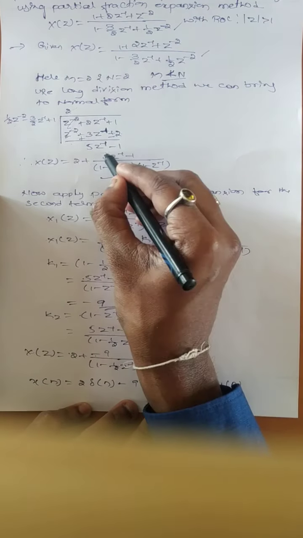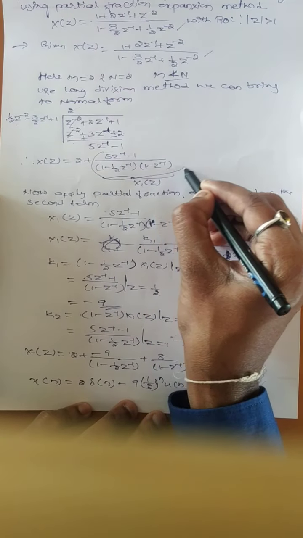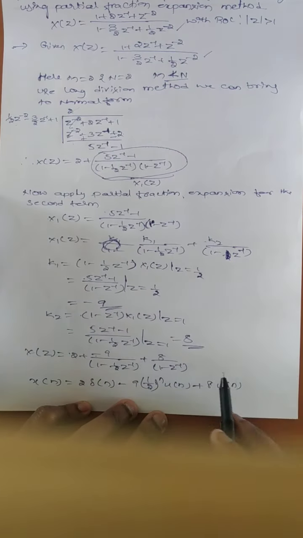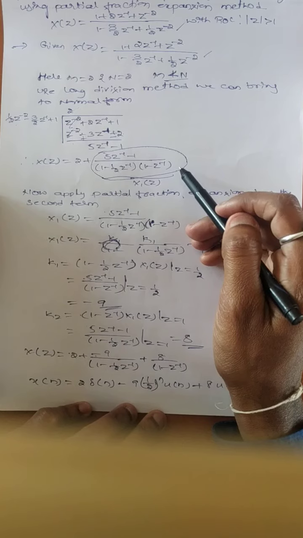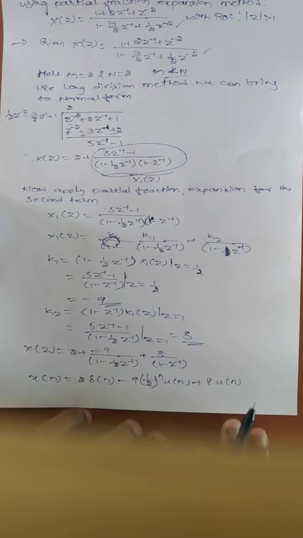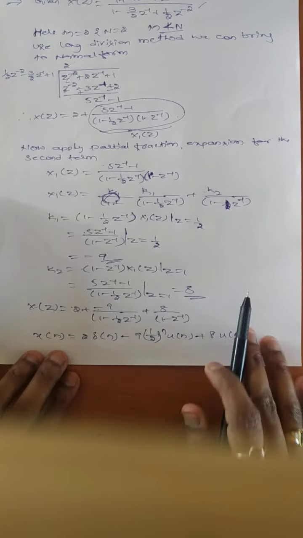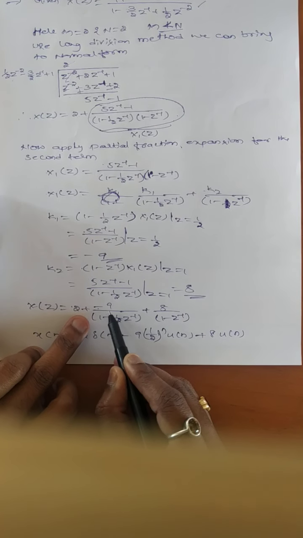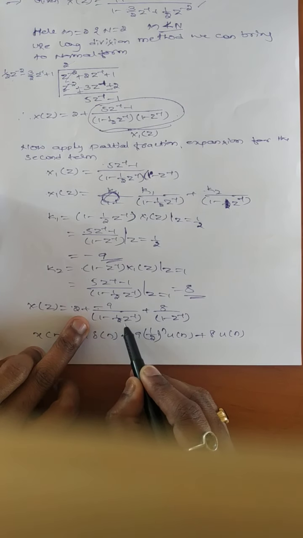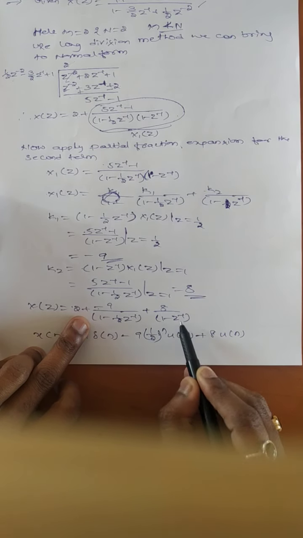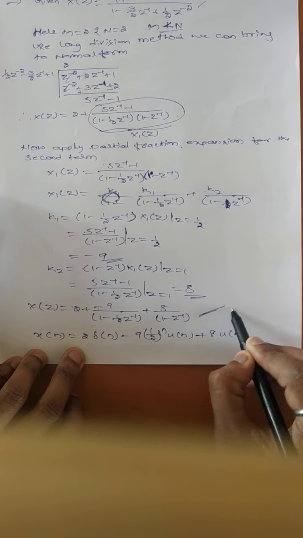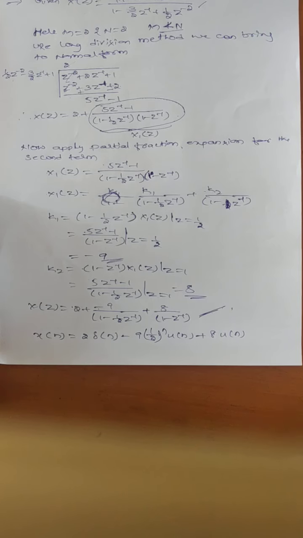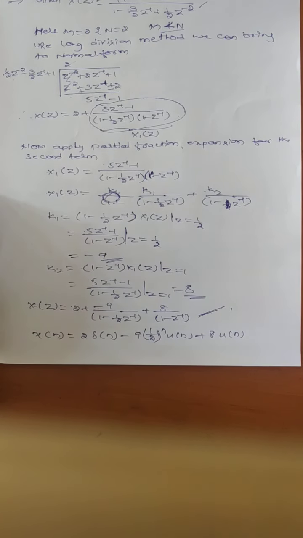This is a similar equation, which I solved in the last problem. And finally you have to add this 2 with the final equation, that is minus 9 divided by 1 minus 1 by 2 z inverse plus 8 divided by 1 minus z inverse. This is what the value is. Thank you.